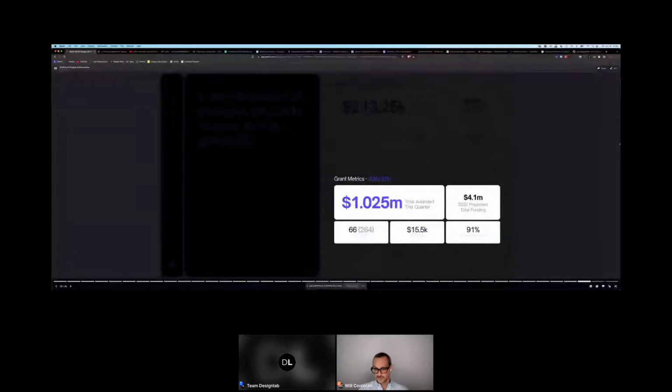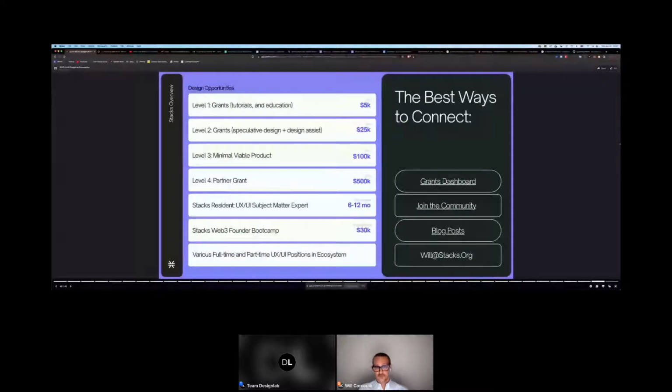And we now just wrapped up Q1 earlier this year, I should say 2022 Q1. We awarded more that quarter than we did all the entire previous year, and we're on track to award $4 million in grants. The average grant that we're awarding is $15,500.